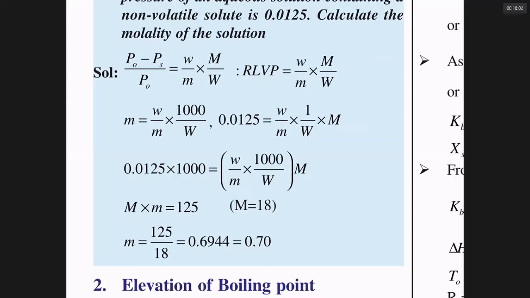Sir, write down the formula. Molality is equal to mole fraction into 1000 divided by molecular weight of solvent. That's a shortcut formula you can think of. Always you can use the formula. Molality is equal to mole fraction of the solute into 1000 divided by molecular weight of solvent.